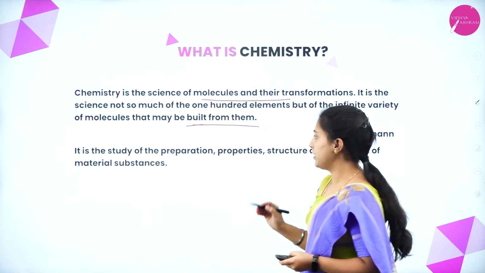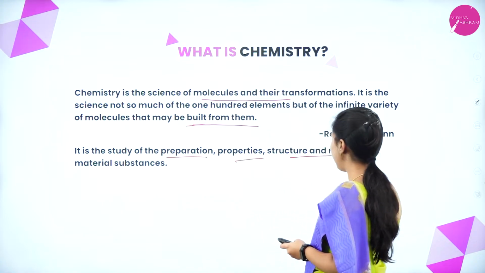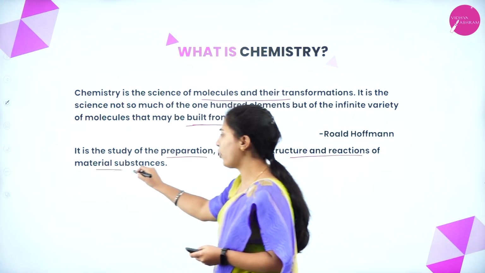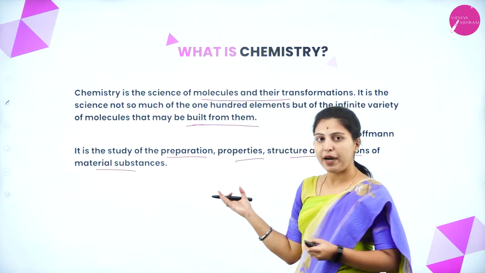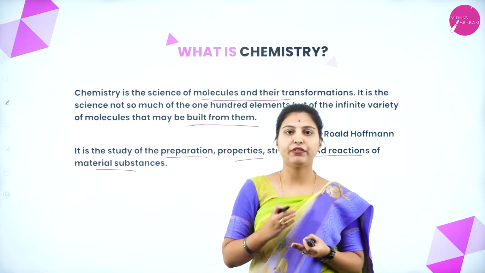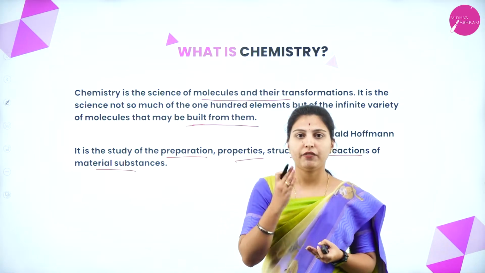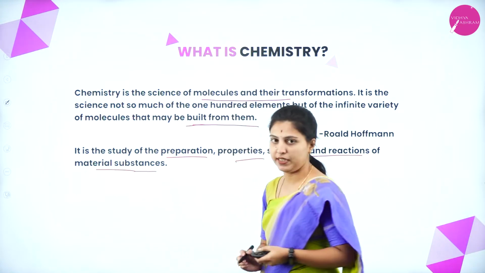So it is the study of preparation, properties, structure and reactions of material substances. Whatever material you see has a separate preparation part and properties part, how it is synthesized, and it is categorized into physical and chemical properties of the material substance.